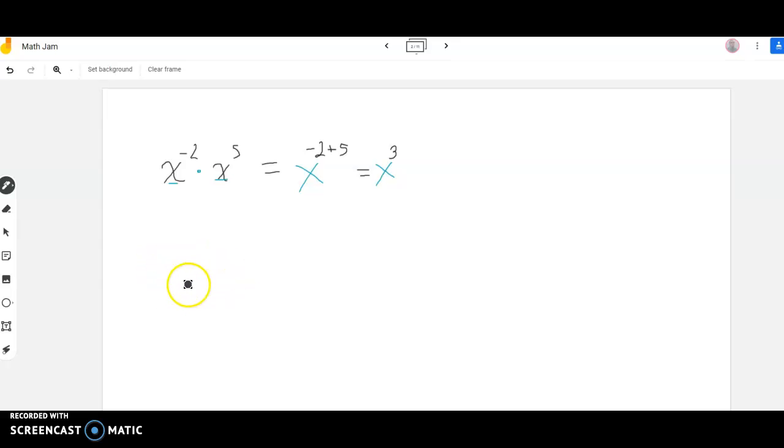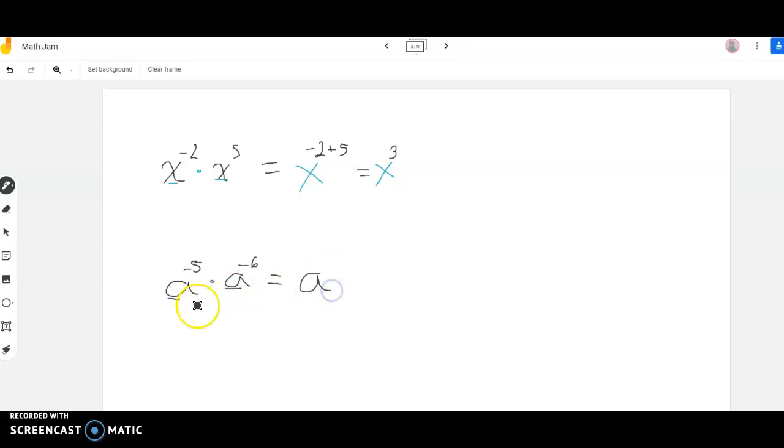Let's try another one. Let's say we have a to the negative 5 times a to the negative 6. Are the bases the same? Yes, the bases are the a's.